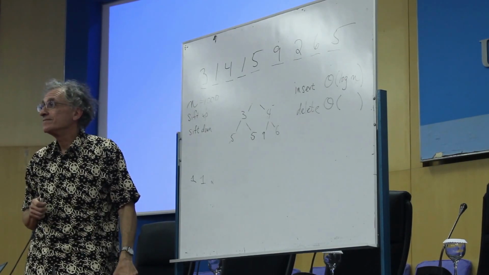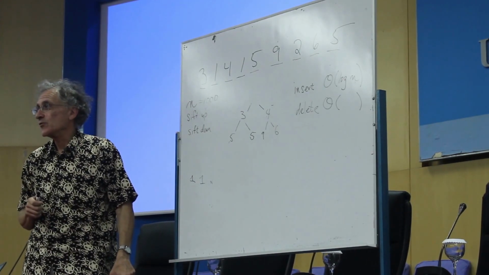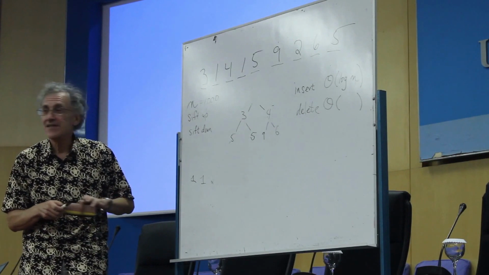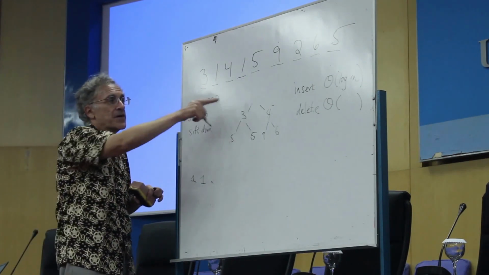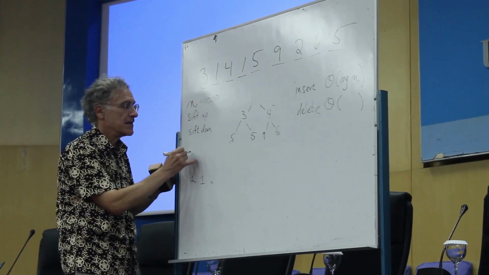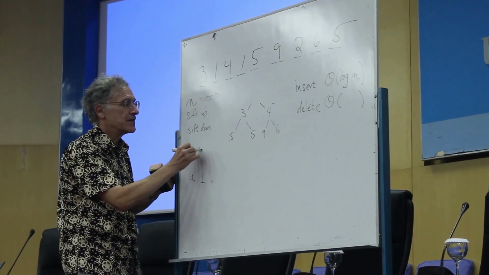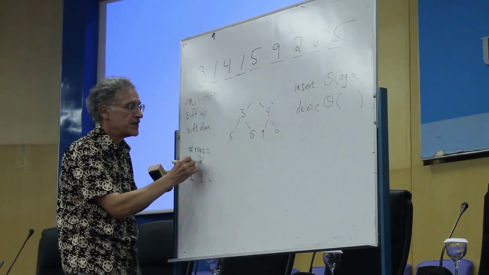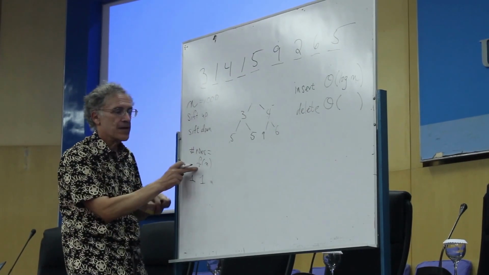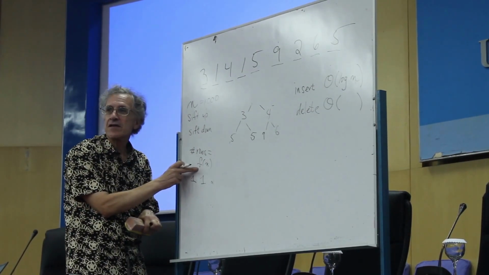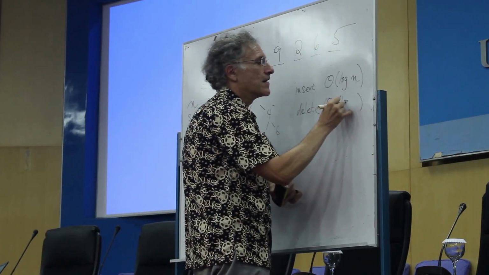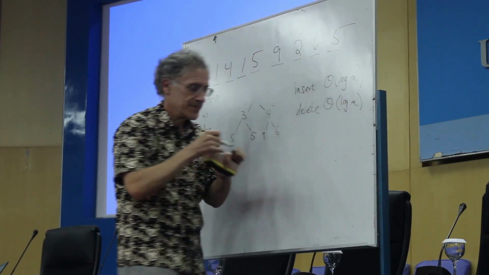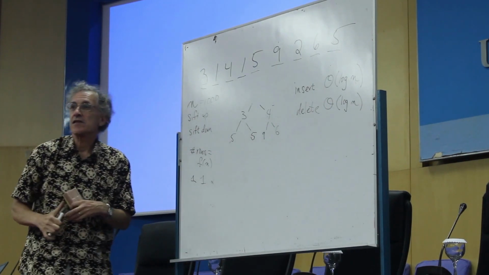Sepuluh. So what is the formula? Berapa lantai? Number of rows equals some function of n. What function? Log. Yes. Delete costs logarithm.